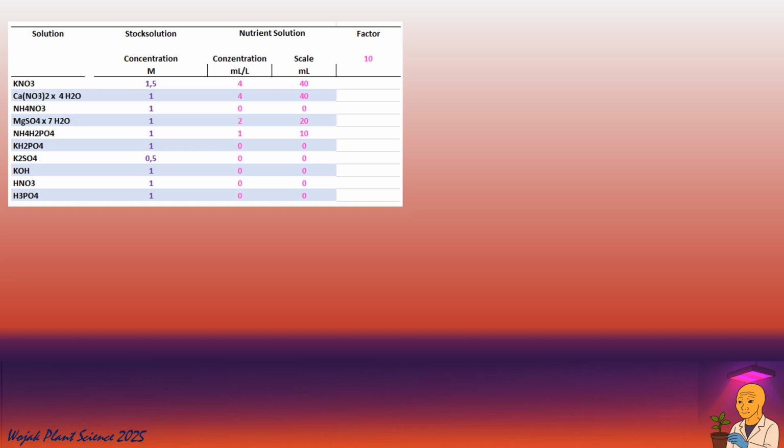And then you see here our nutrient solution concentration. We take from that one and that one 4, 4, magnesium sulfate we take 2, and ammonium phosphate we take 1. You don't have to worry about whether you make a stock solution including water in the salt or not, because you fill the stock solution up with water anyway.